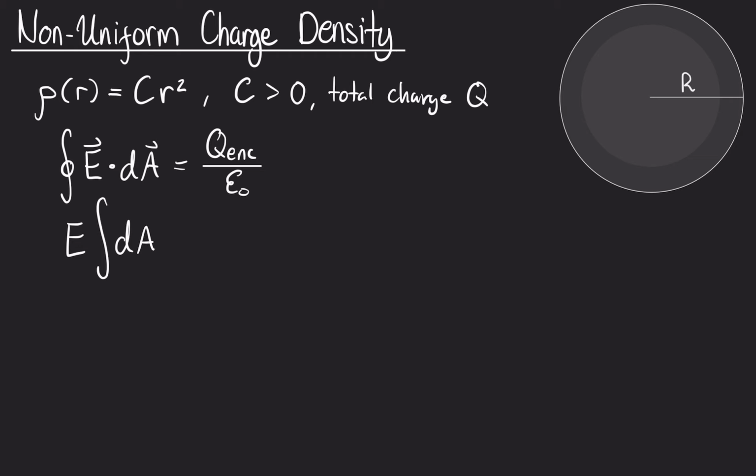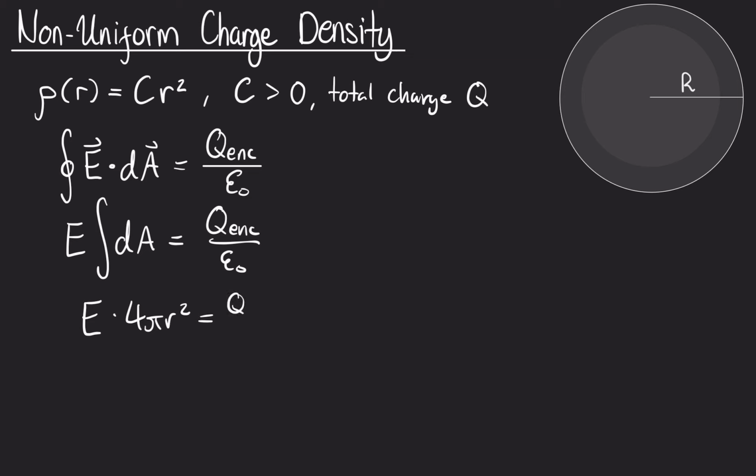And dA, by definition, is just a small patch of area within the sphere. And so if we just add up all those little patches of area, we're just going to be left with the whole area. We can write E times the area of the sphere, which is 4 pi r squared.